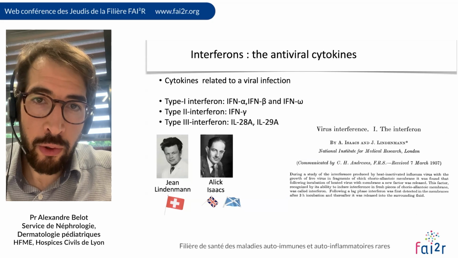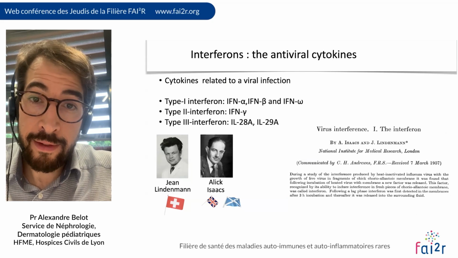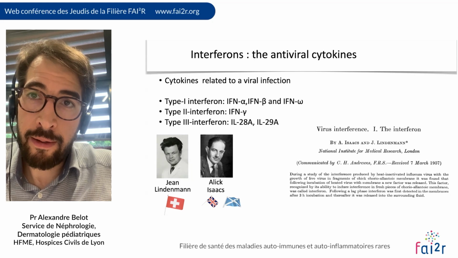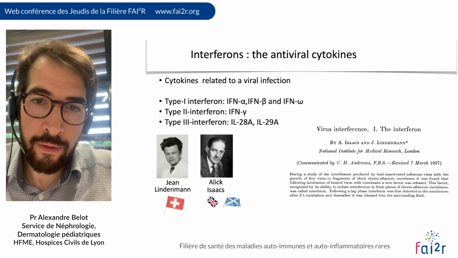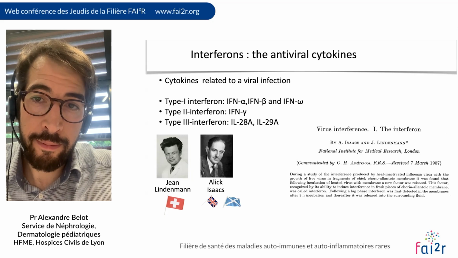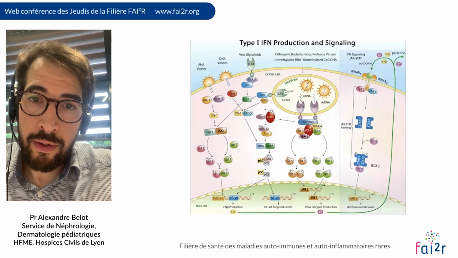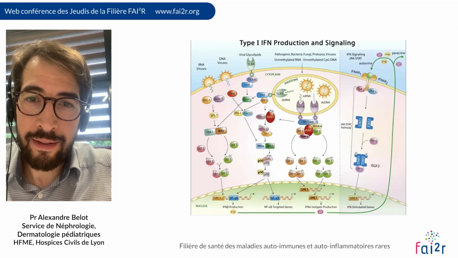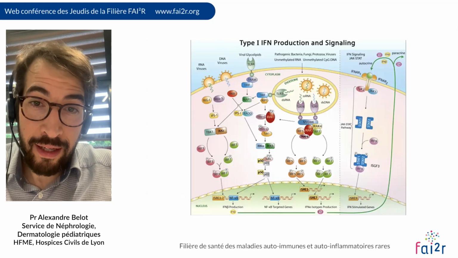Interferons, as you know, were initially identified as a key antiviral cytokine that is critical to fight against viruses. It was identified in the late 50s. Nowadays, the mechanisms are more complicated to some extent.